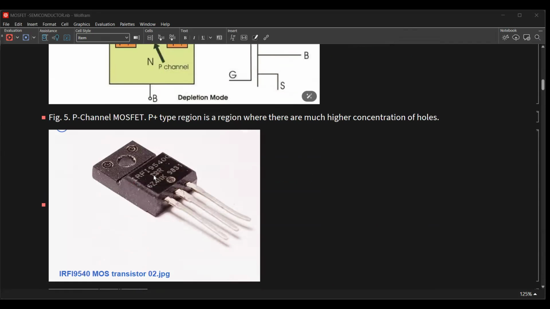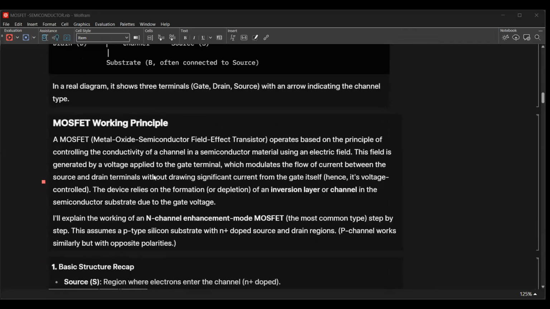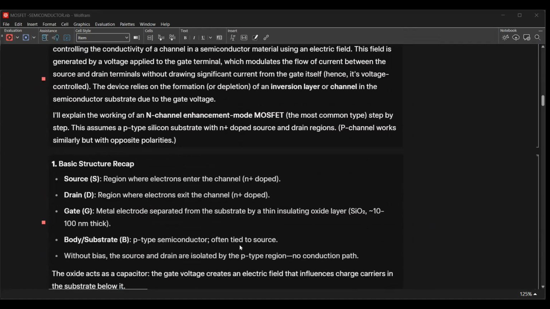The gate is separated by silicon oxide. The thickness of this is about 10 to 100 nanometers.